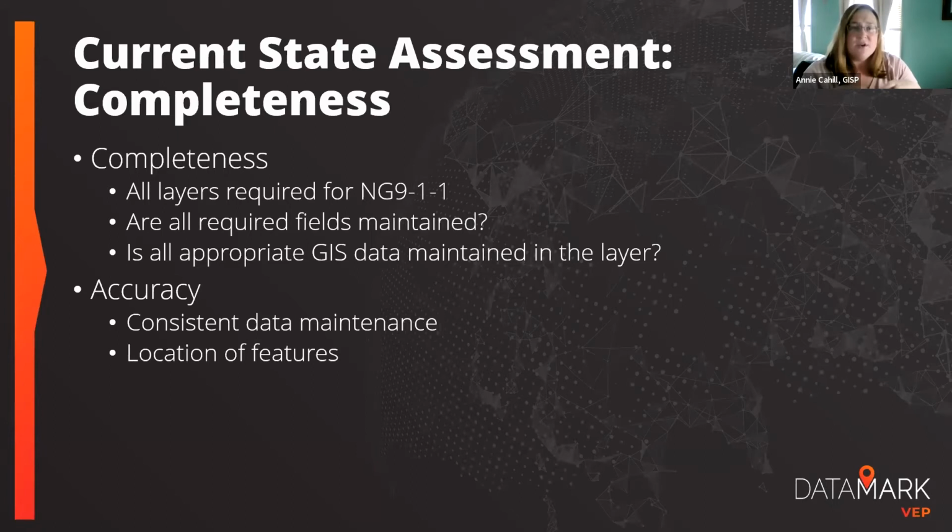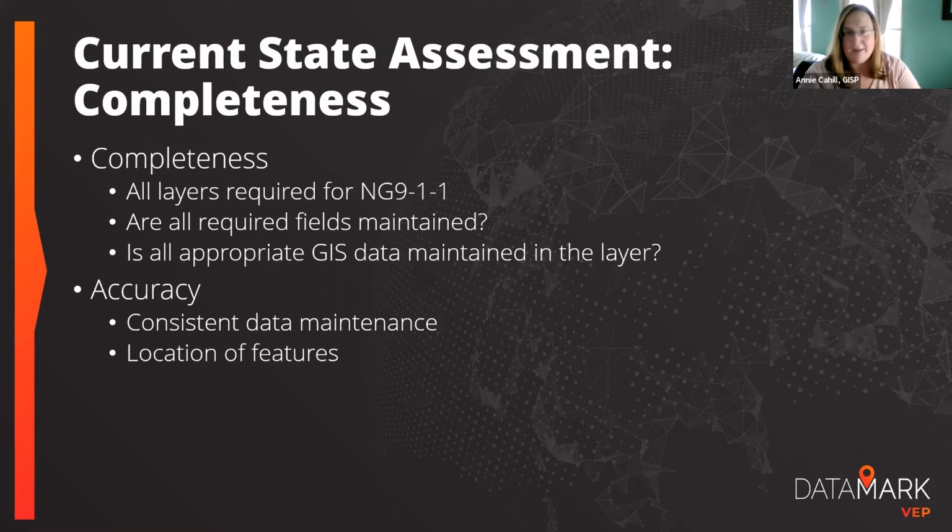And then we go into accuracy and data quality, which are things that we can look at and understand. Some things are more obvious. We have gaps and slivers that we can identify through a topological process, or even when you're looking through your GIS data and you see that you have a road center line that's been digitized twice.